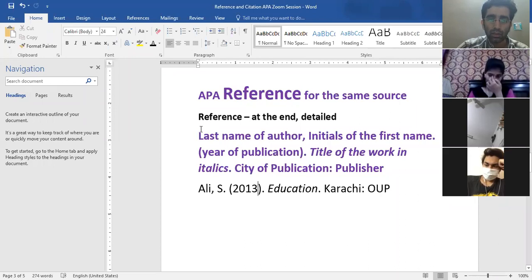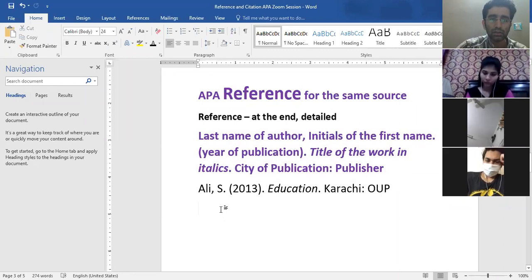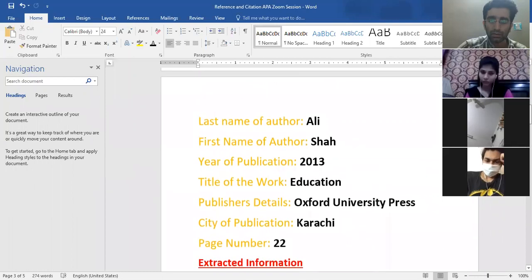So this is the formula that how we prepare reference for a book. All this information you have taken note of in the very beginning. So what you do is last name of the author. You first put last name of the author, that is Ali, then comma, initials of the first name. Initials means कि उसका नाम किस चीज से शुरू होता है. तो हमारा नाम last name first name किस चीज से शुरू हो रहा था?